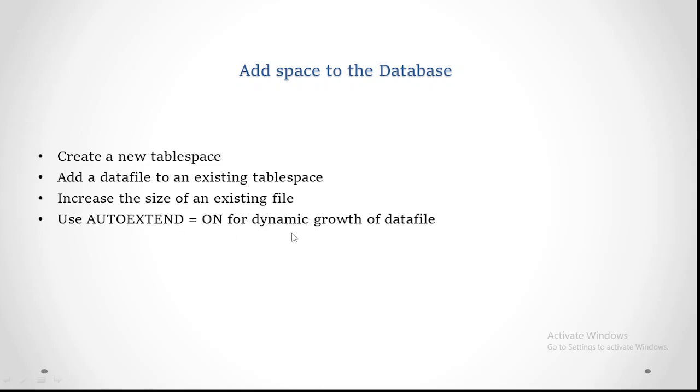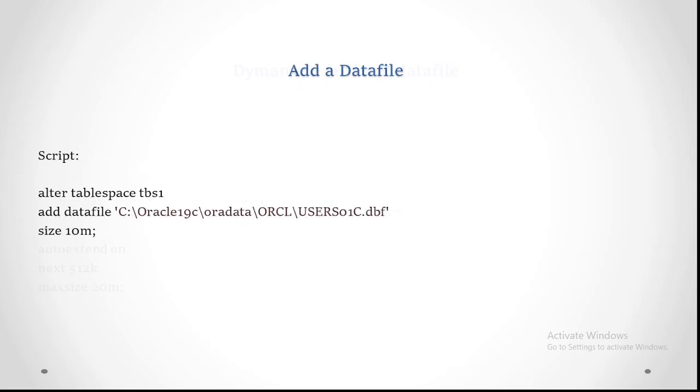This is for dynamic growth of the data file. If the size of 10M is exhausted, this feature will add some more space to the data file. And if that space is exhausted, after some time it will add some more space. So how to add it? I'll tell you. This is the script for dynamic growth of the data file.